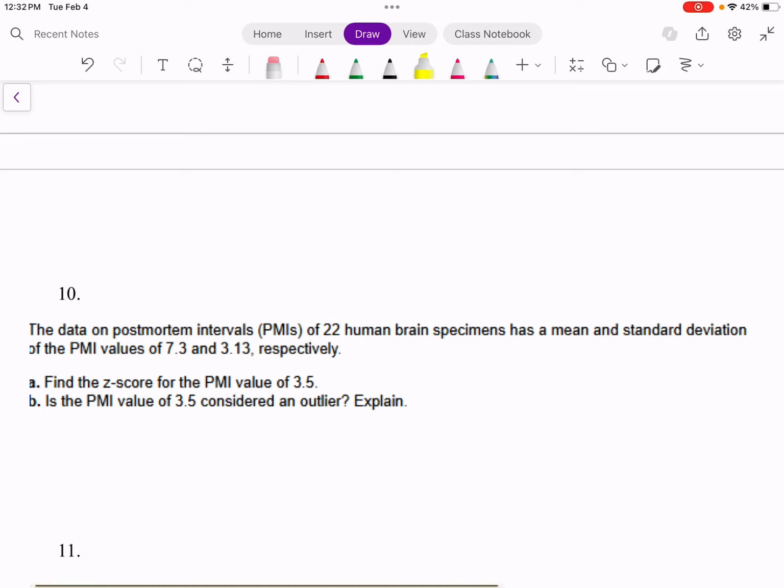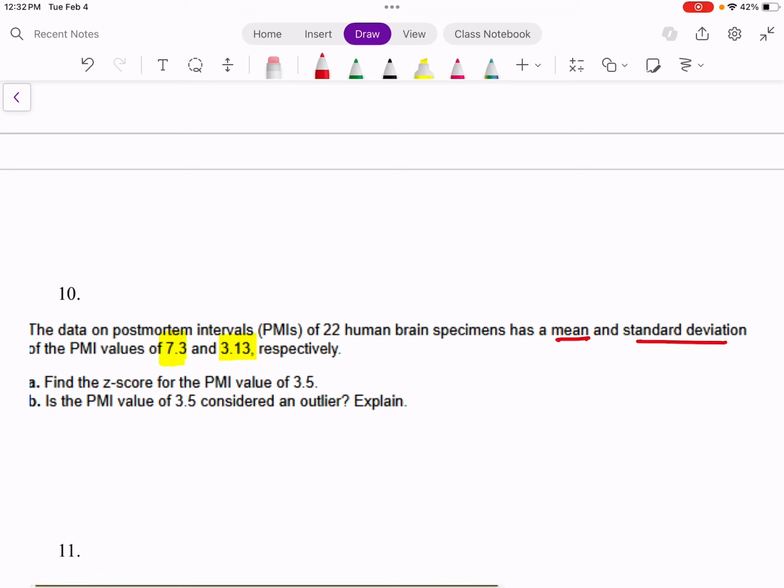The data on post-mortem intervals of 22 human brain specimens has a mean of 7.3 and a standard deviation of 3.13. Now, what symbol do we use here for the mean and standard deviation?